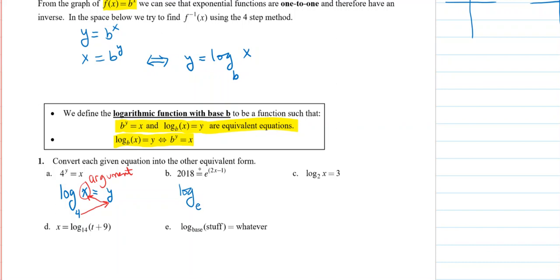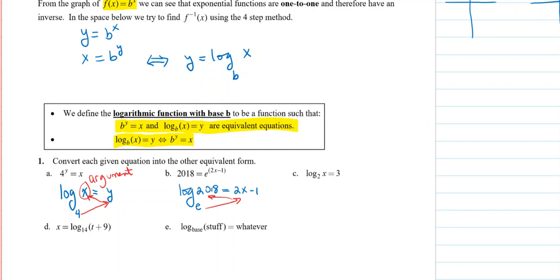And then we're really just switching the input and output, because they're inverse functions. Here, the e had the input 2x minus 1. Now the input of the logarithm is the 2018. And on the other side, we have 2x minus 1. And you can double check that: e to the 2x minus 1 equals the argument, 2018.